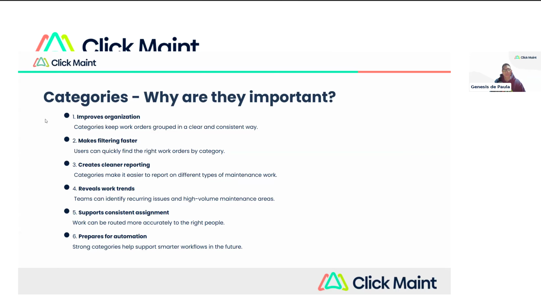So overall, work categories bring structure in the work order process, and they help you find your work faster. This helps you assign jobs more consistently and supports smarter workflows as processes evolve. So with that being said, I guess we can jump into the tutorial in the system.